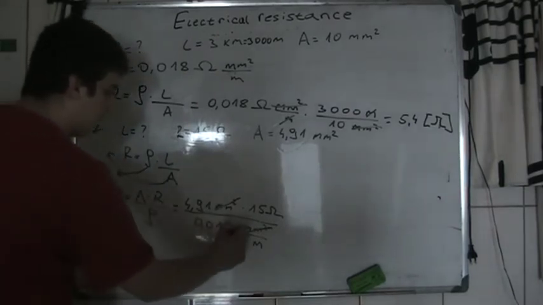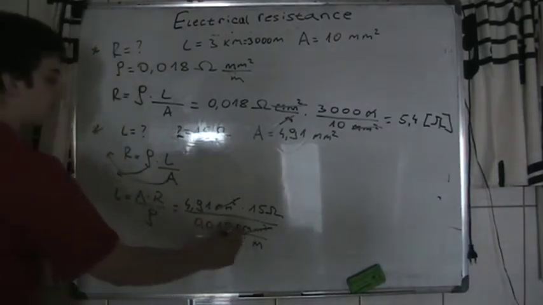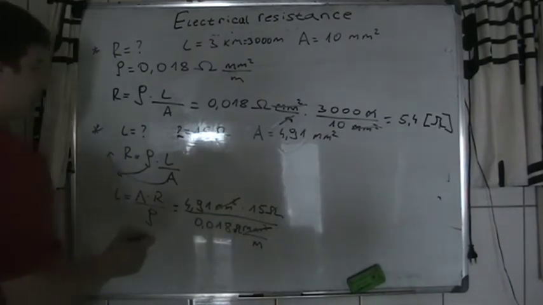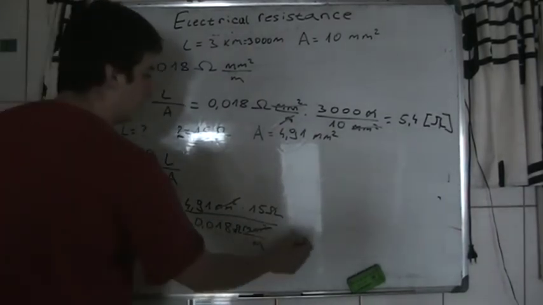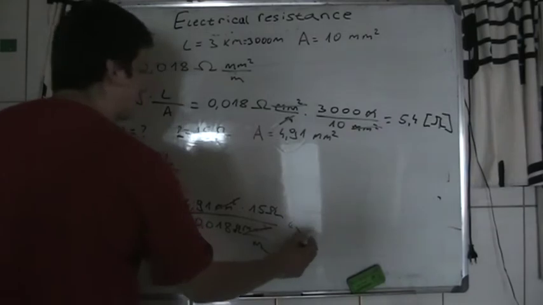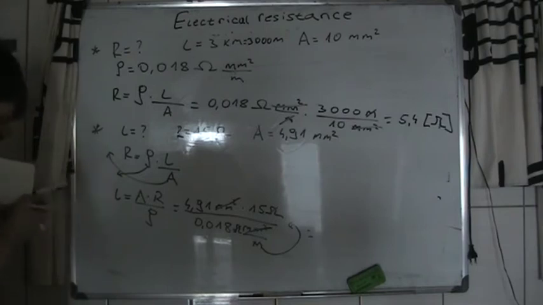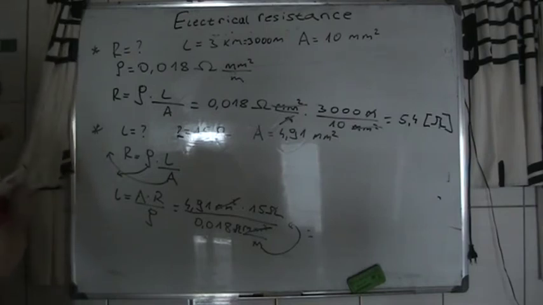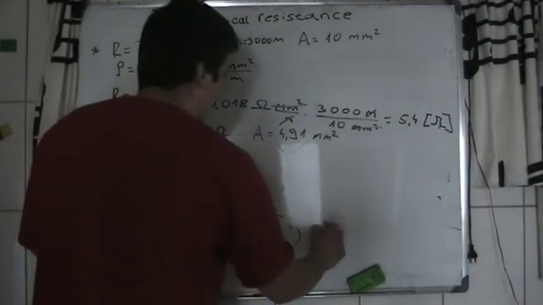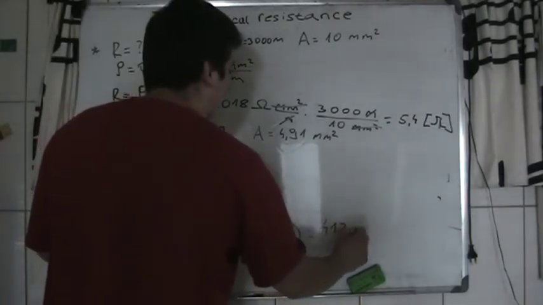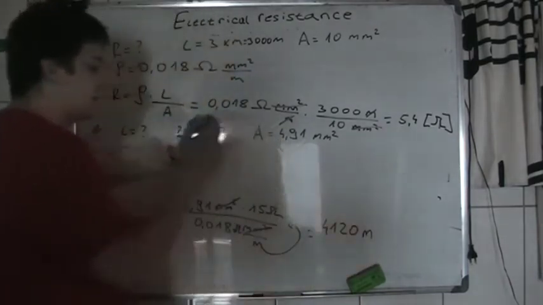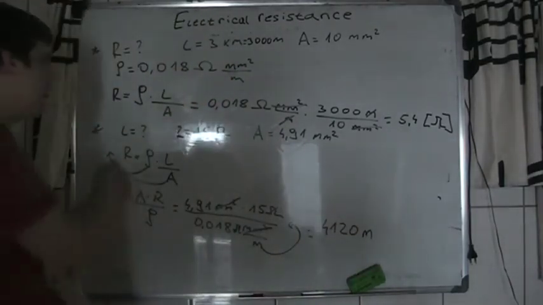Oh, I forgot ohms here. Ohms and ohms also cancel each other out. Meters is going to be left over here, and when you calculate all this, you get 4,120 meters.